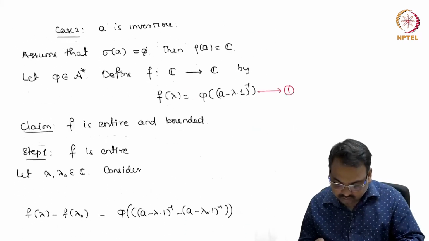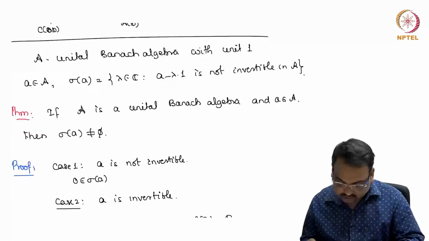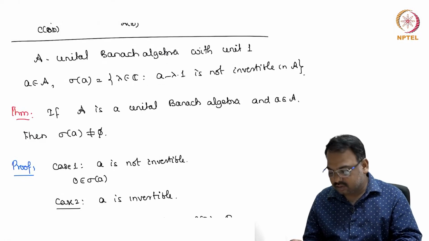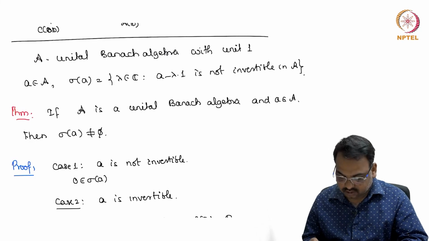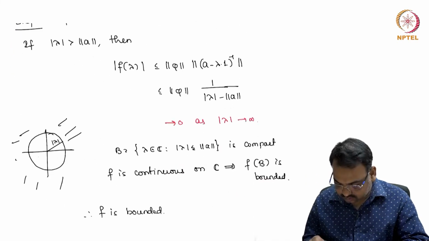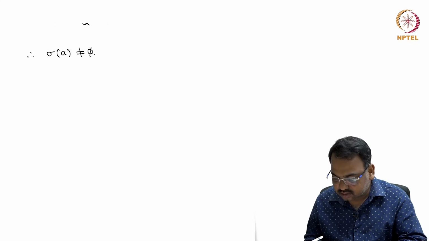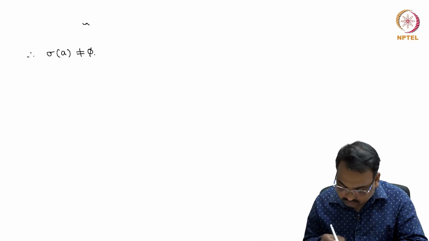So this gives the proof of the result that in any unital Banach algebra, the spectrum of an element is non-empty. So using this, we can actually show the Gelfand-Mazur theorem.